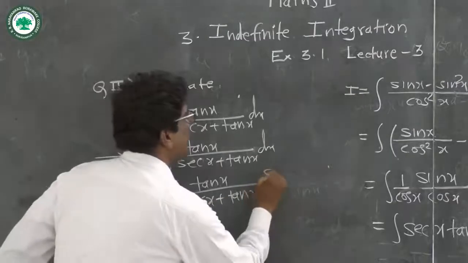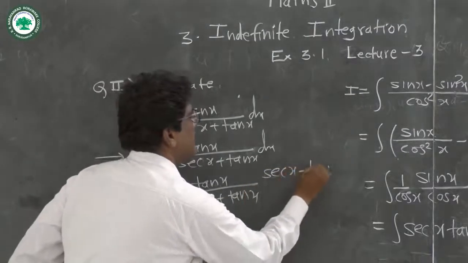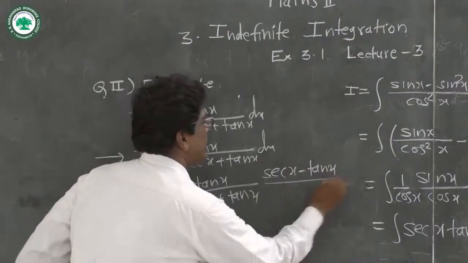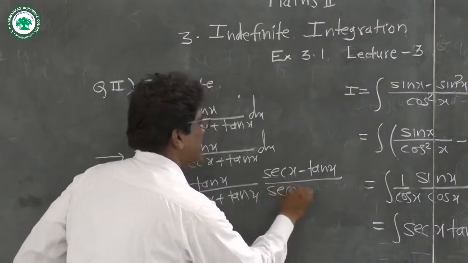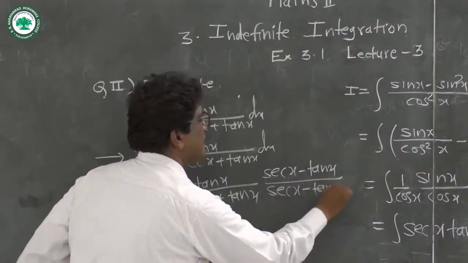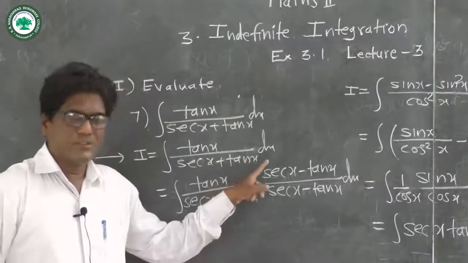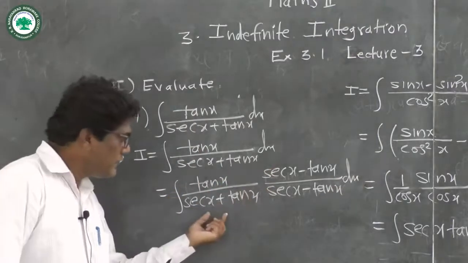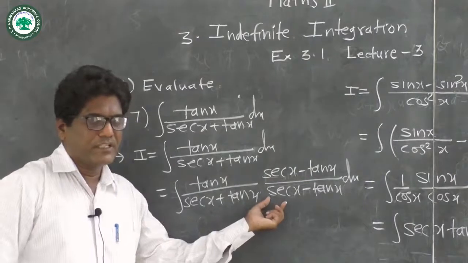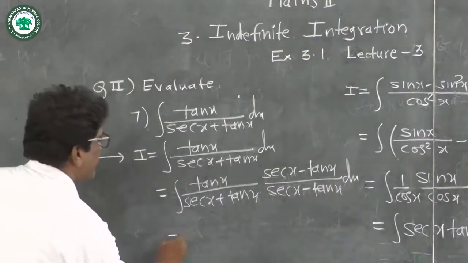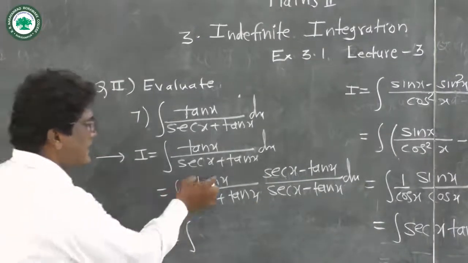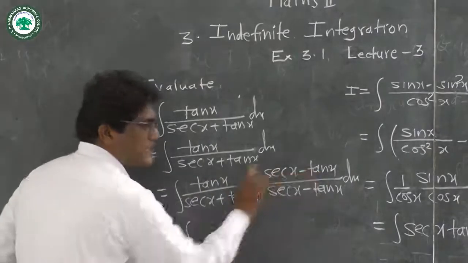So we write here sec x minus tan x divided by sec x minus tan x dx. Now take the multiplication of numerator and multiplication of denominator.